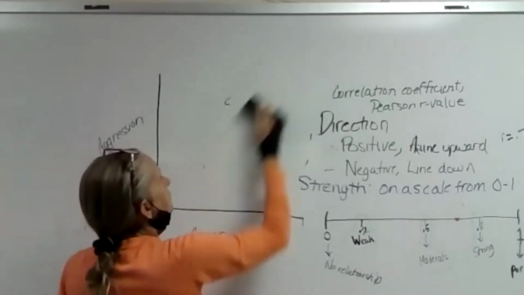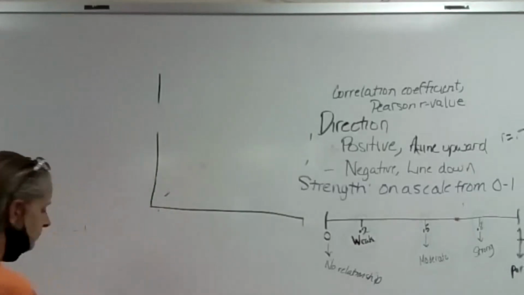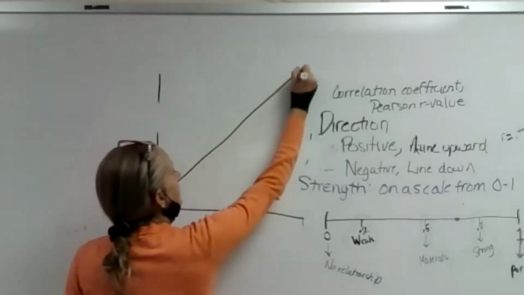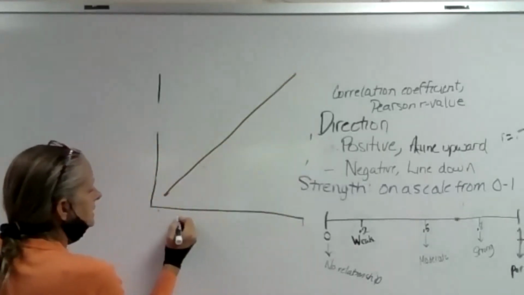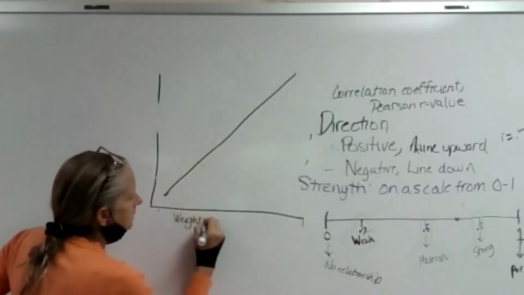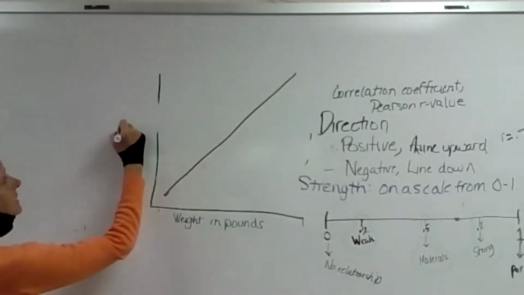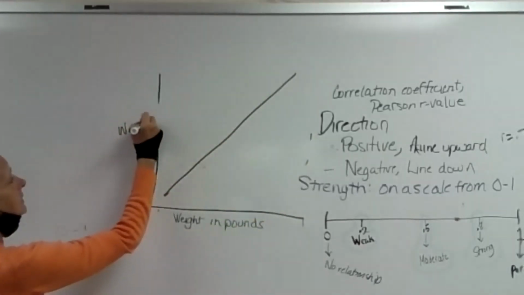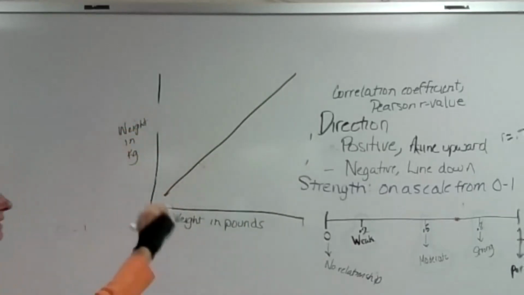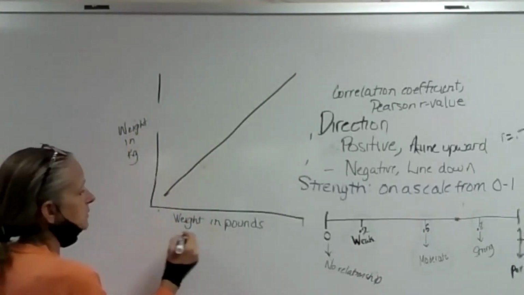If we have a perfect correlation, that means we can perfectly predict one variable if we know the other. So every point will be right on the line of best fit. For example, if I measure your weight in pounds and your weight in kilograms, I can perfectly predict how many kilograms you weigh if I know how many pounds you weigh.